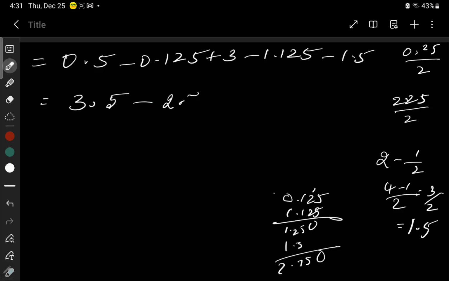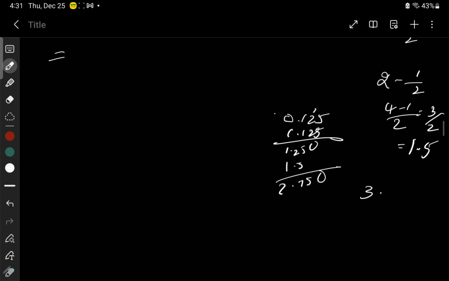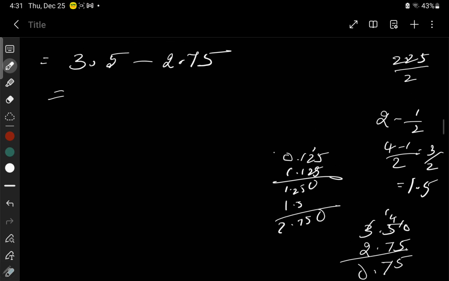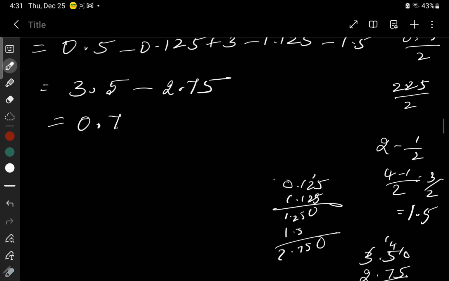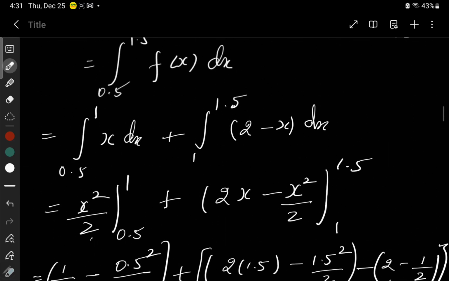Minus 2.75. If you subtract, you will get 3.5 minus 2.75, that is 0.75. All these are simple calculations you can do.